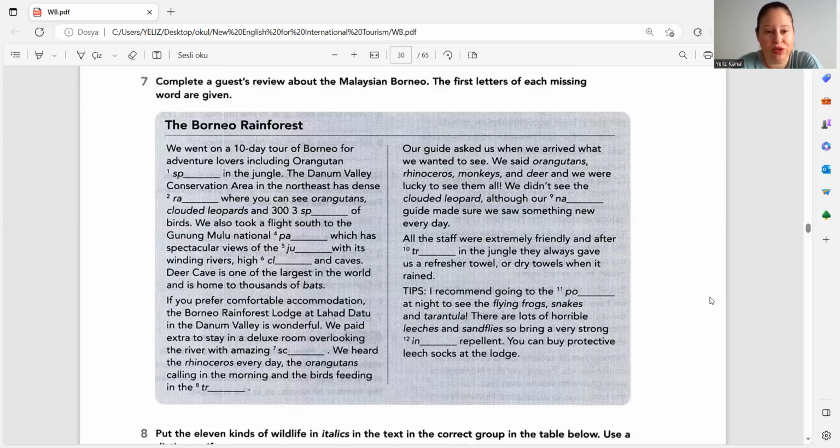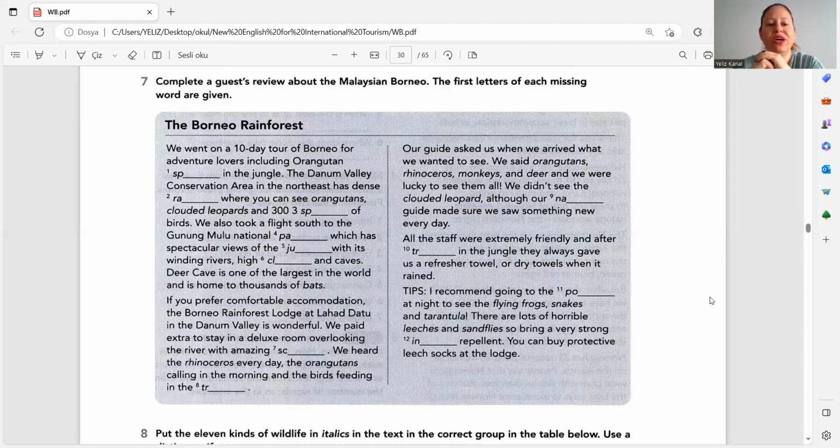Rainforests. Dense. Çok sıkı, çok yoğun yağmur ormanları var burada. Bu conservation area ne demekti? Koruma alanı demekti, değil mi arkadaşlar? The Danum Valley Conservation Area in the northeast has dense rainforests where you can see orangutans, clouded leopards, and 300 blah blah of birds. SP again, but now it's not spotting, it's species, 300 species of birds, yes. Clouded leopards, bir çeşit leopar çeşidi arkadaşlar. Böyle benekli leopar anlamına geliyor.